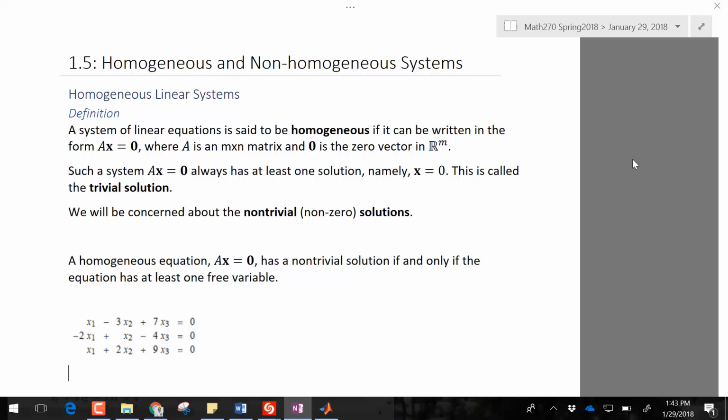So if you're in the differential equations class tomorrow, we're actually going to talk about homogeneous differential equations, but it doesn't mean this. So a homogeneous system just means that your matrix equation form is going to say AX is equal to 0 instead of AX is equal to B. And we have to note that 0 is the 0 matrix or 0 vector.